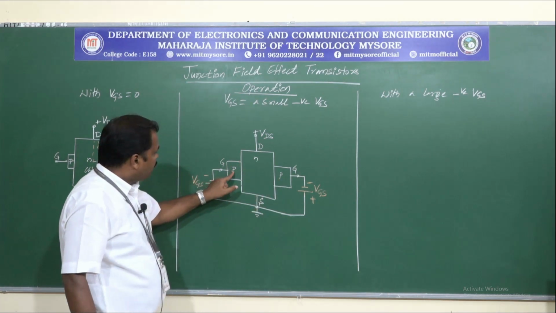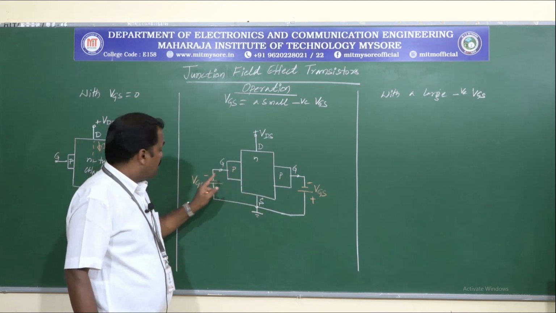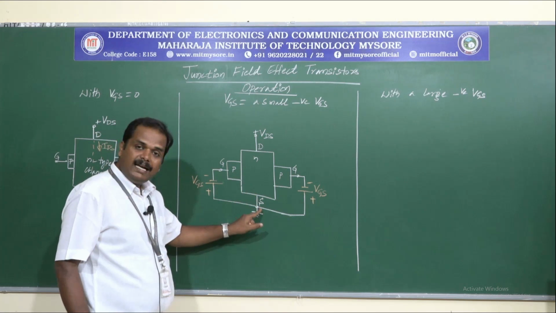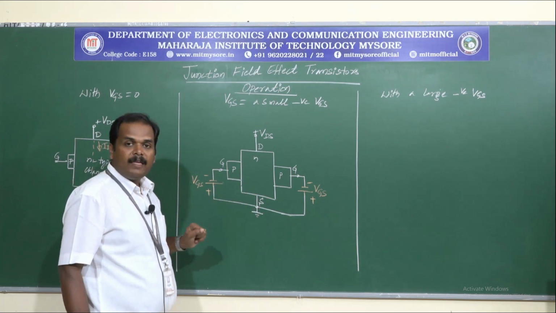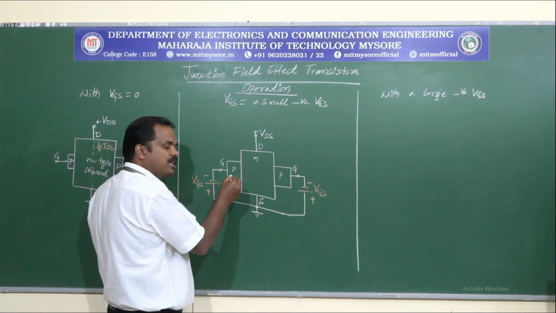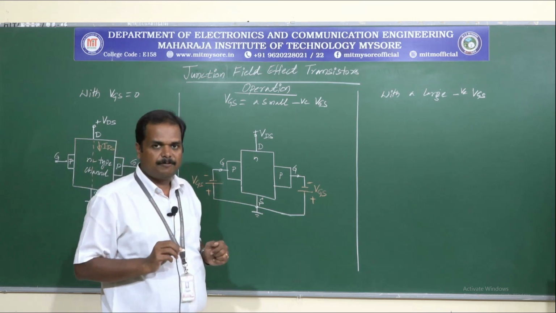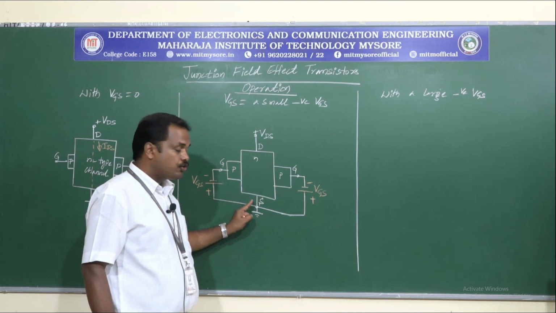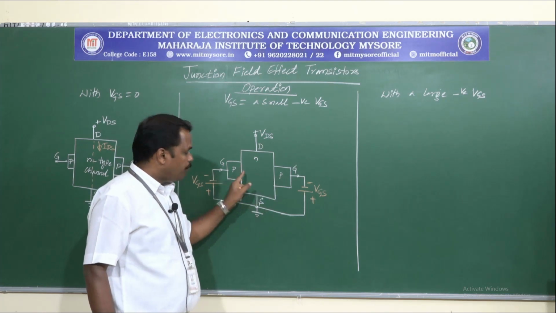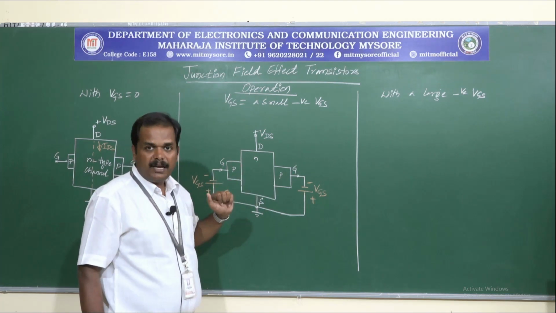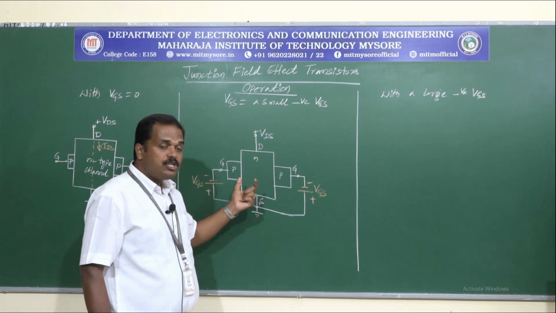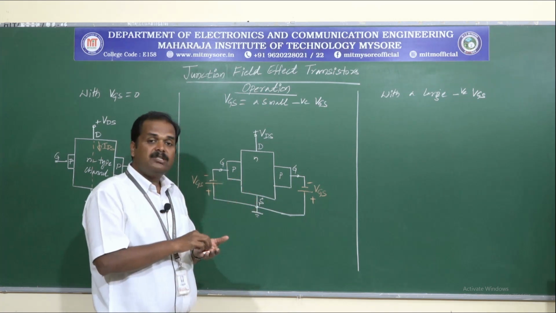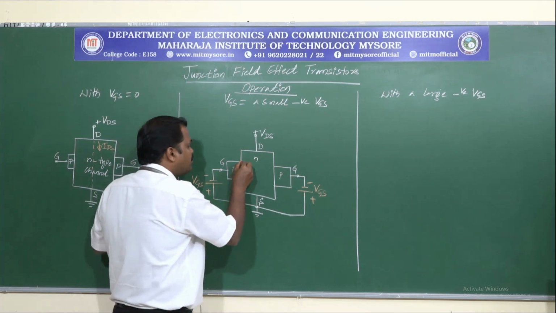Because the P-type gate terminals have got negative voltage with respect to the N-type source terminal, this makes these two PN junctions reverse biased. And because these two junctions are reverse biased, there will be depletion regions developed across the junctions.